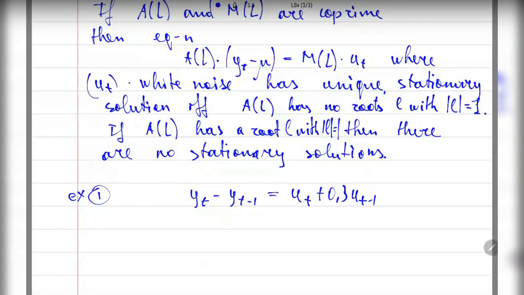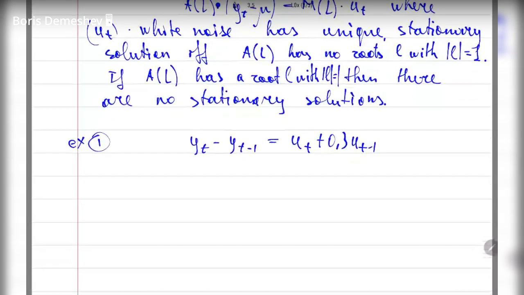And the question: how many stationary solutions do we have? Okay, let's write it using polynomials. If I write the same equation using polynomials, it will be (1 minus L) times yt equals what?